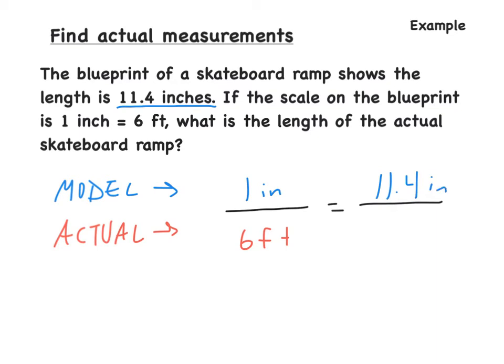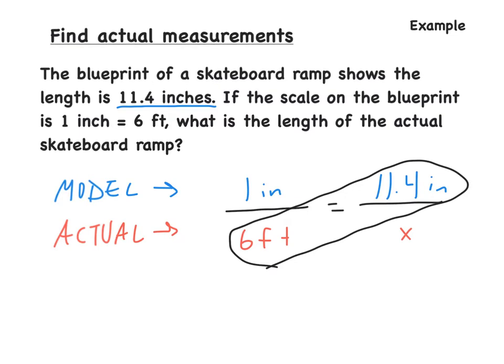We are trying to find the length of the actual skateboard ramp. So I'm going to put that in for x. Again, remember, all you have to do is the butterfly method. So 6 times 11 4/10 is 68 4/10.